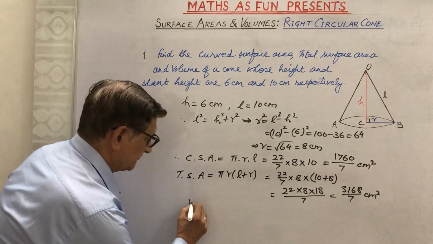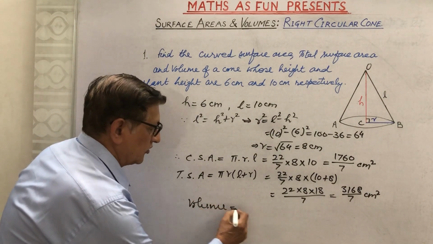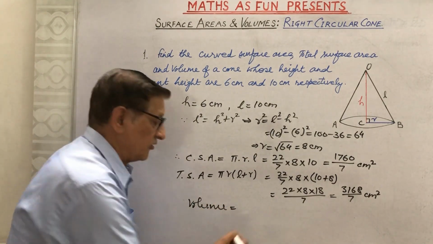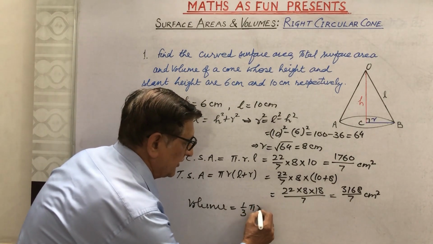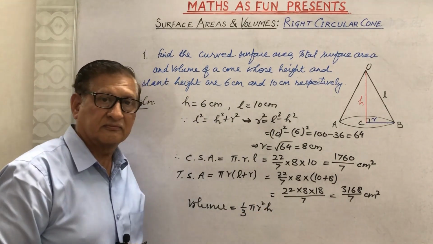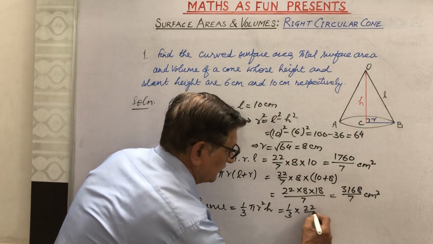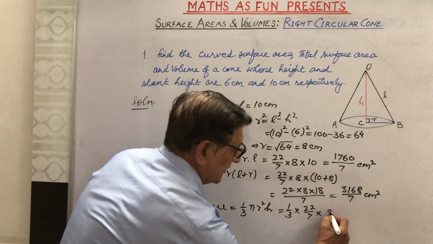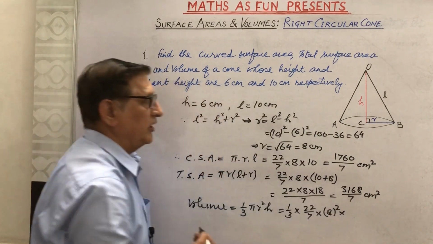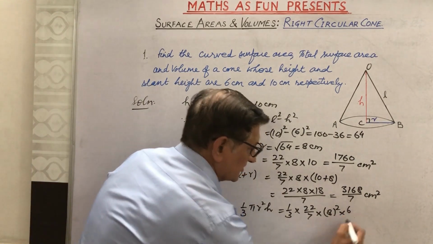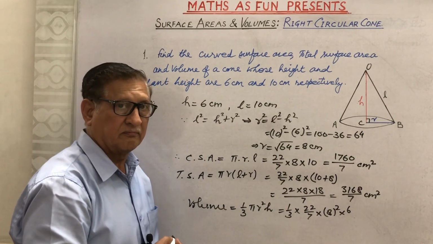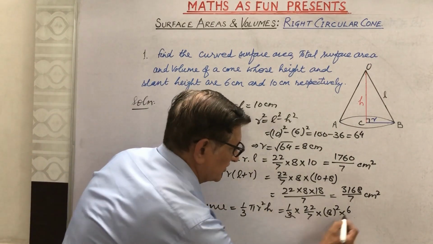Now the volume of a cone, we know the formula, that is 1/3 πr²h. This is 1/3 × 22/7 × 8² × h. H is 6. We can cancel the 3 into 6, leaving 2.